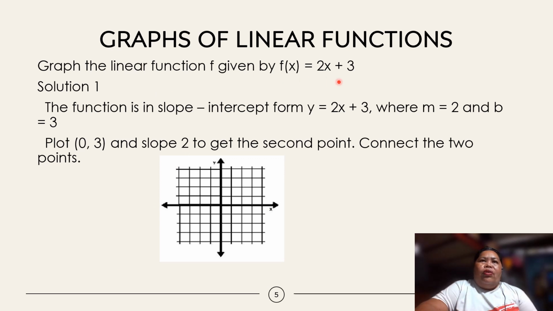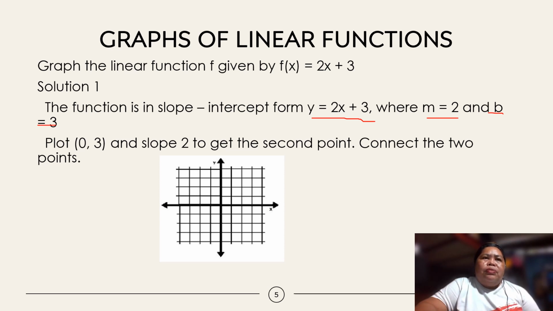Okay, graph of linear function. For example, graph the linear function f given by f(x) = 2x + 3. Here the function is in the slope-intercept form, that is y = 2x + 3, where m is 2 and b is 3.